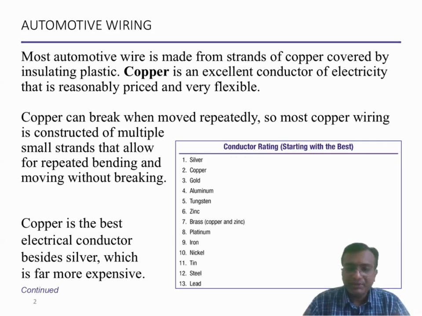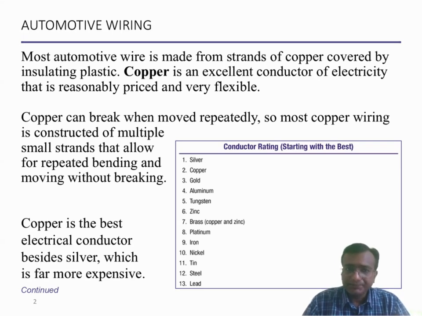The best material we can say is silver, but silver's cost is very high. Therefore, we consider copper, whose electrical conductivity is similar to silver, for the wires in automotive electrical applications.